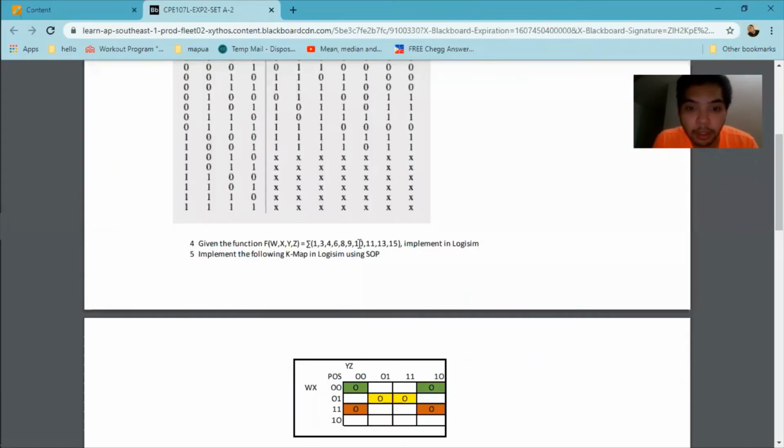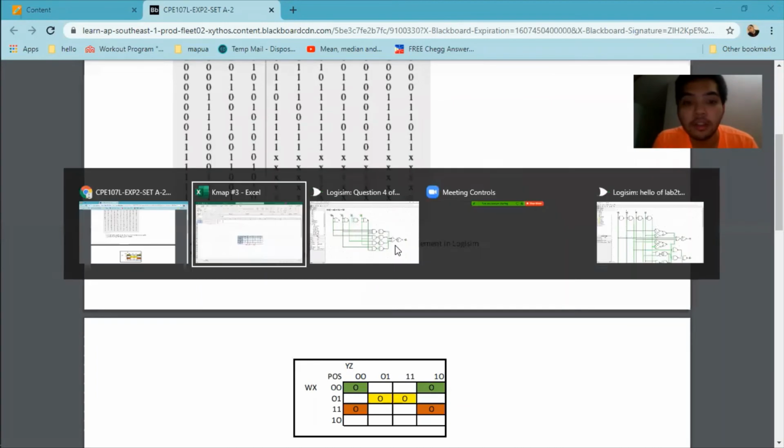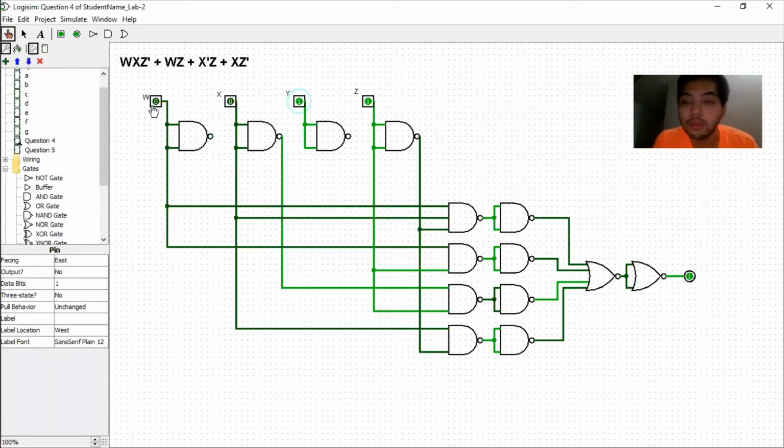And for example 15, the binary representation of 15 is four ones, so the output is 1. That's it. And again, we use SOP in that matter.